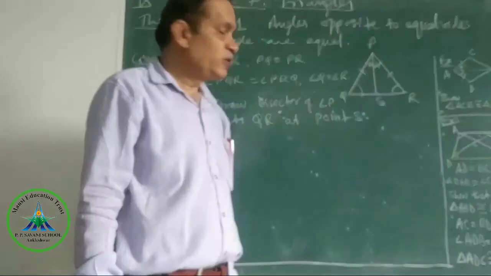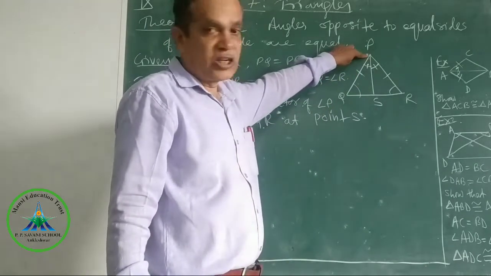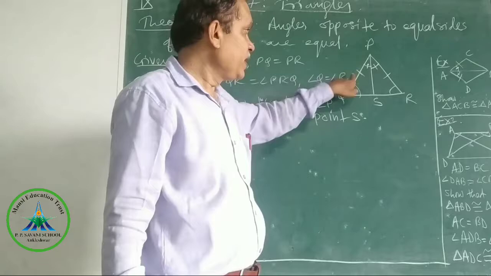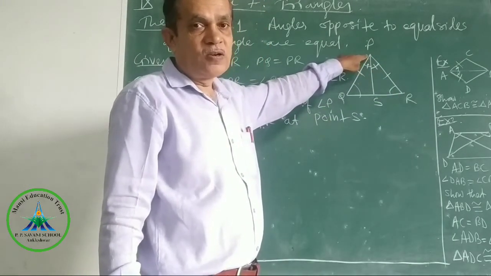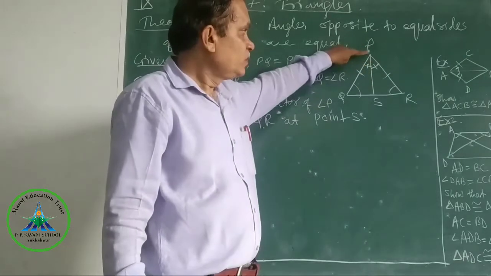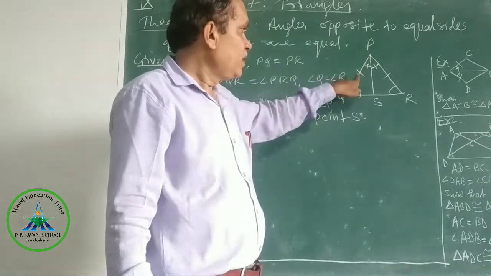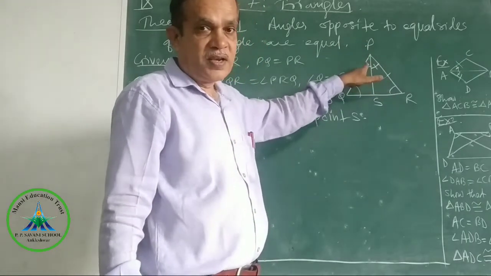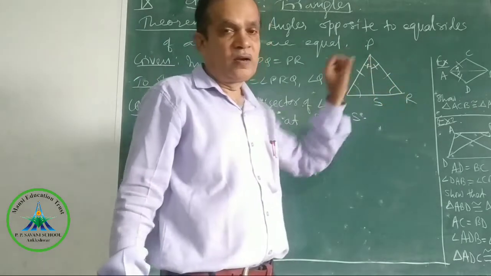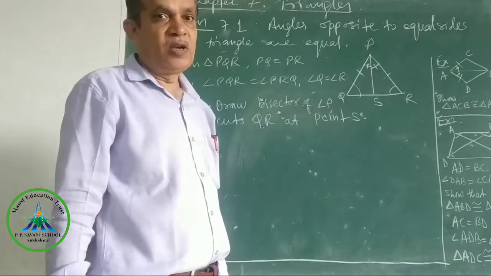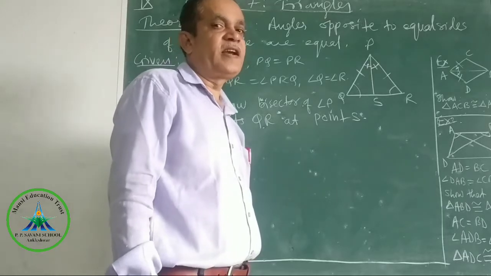In an isosceles triangle, if we draw the angle bisector of the vertex between equal sides, that is perpendicular to QR. Remember it. This is a property of an isosceles triangle.